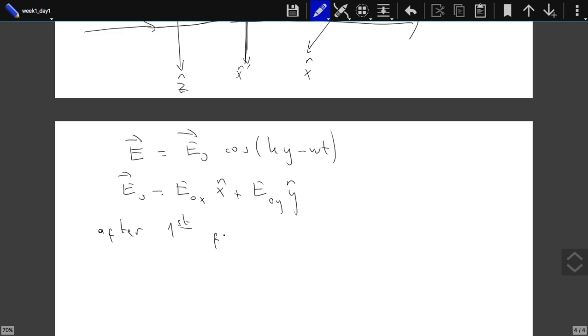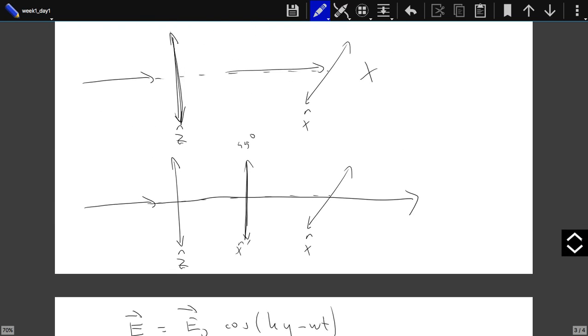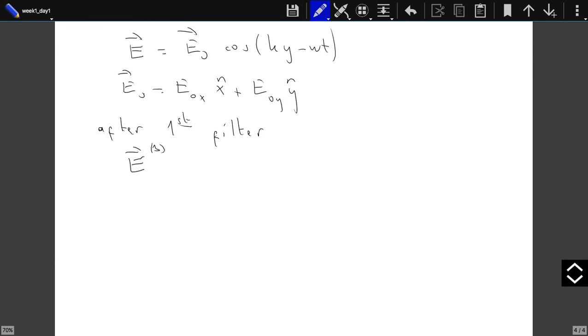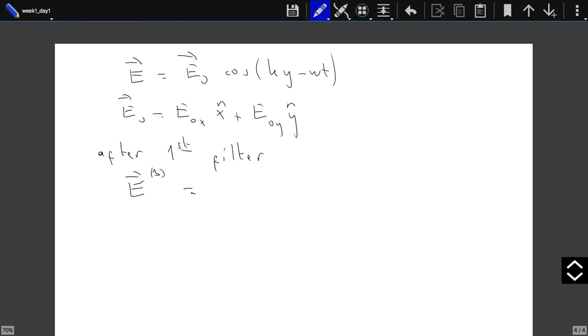Now, after the first filter, let's call it E1. It just chooses the polarization in the Z direction. It just absorbs all other polarizations.